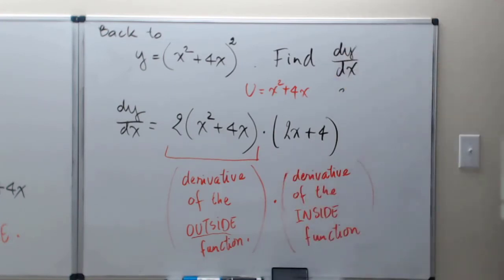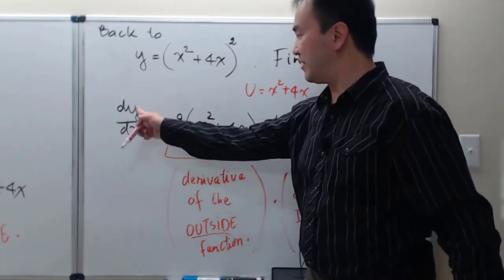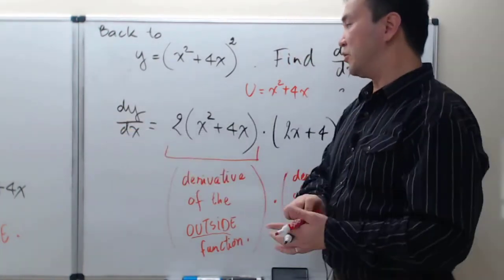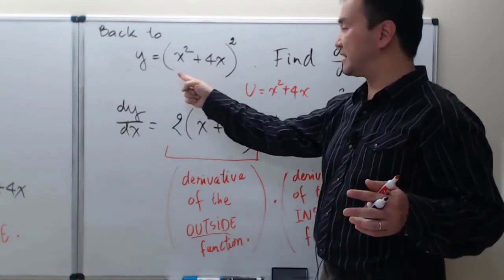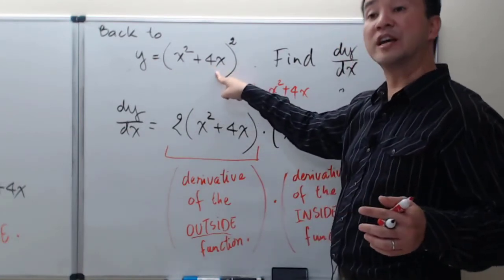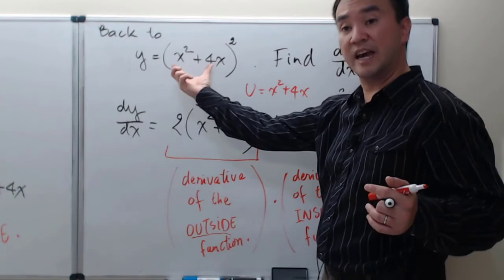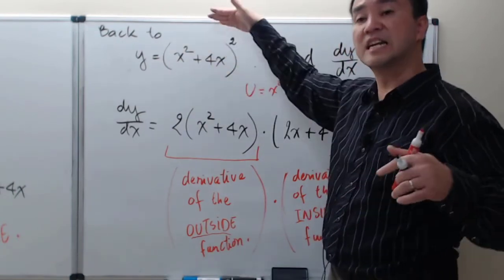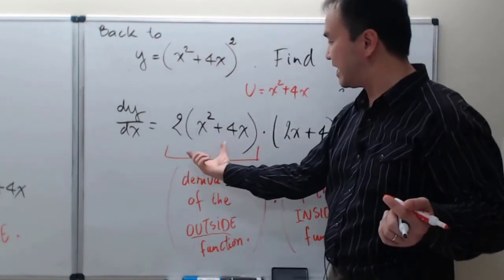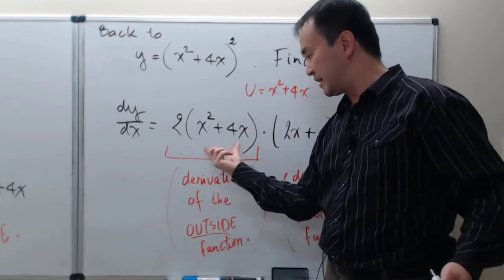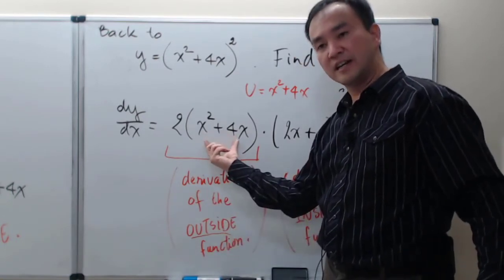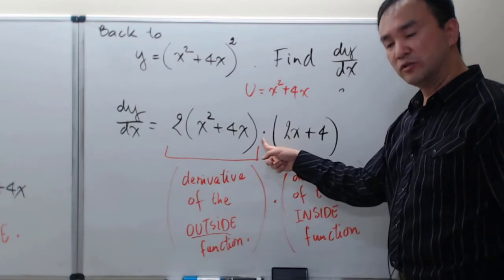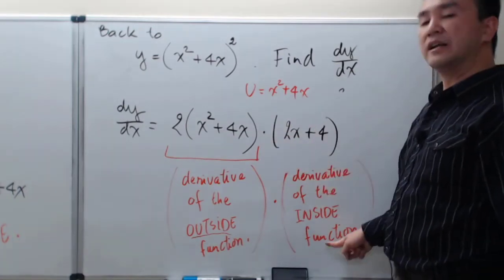Okay, so the chain rule says anytime you're taking the derivative of any function where you recognize there's some expression that you can regard as the inside, and then outside of that there's another operation, then you can simply take the derivative of the outside, keeping all that expression inside the same, but then multiply with the derivative of the inside function.